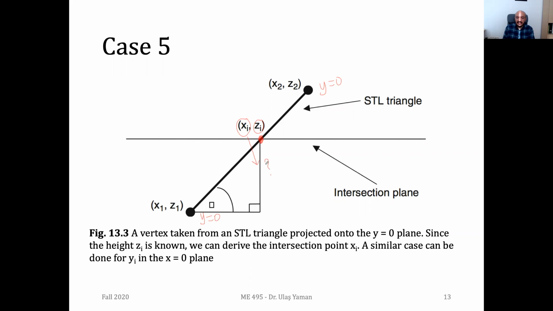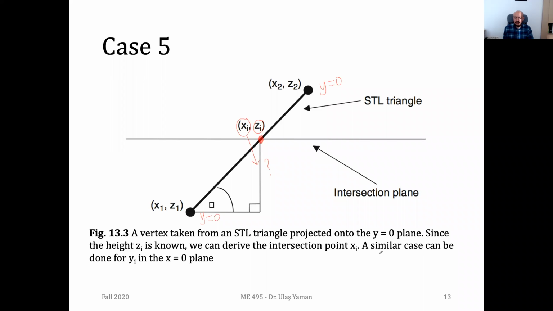So how can we find this value? We can simply do an interpolation and compute this xi value. I'm not going to do it here, but it's not that complicated. We can use simple equations and find the xi value.